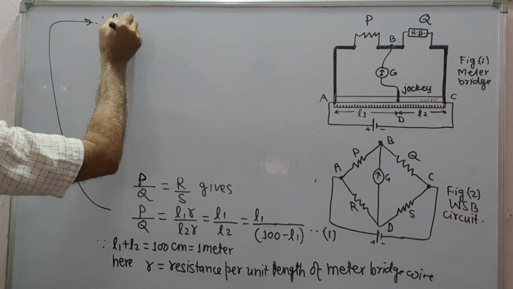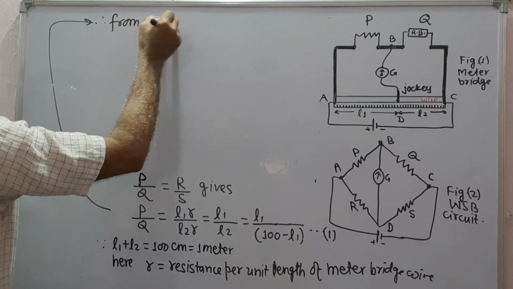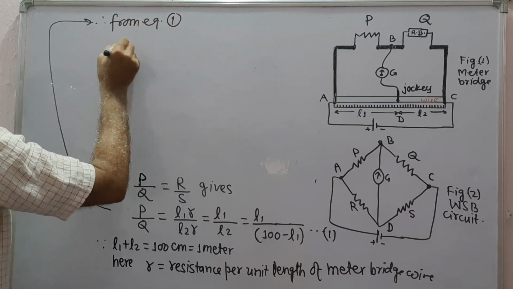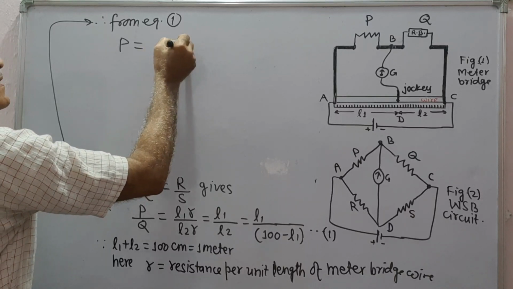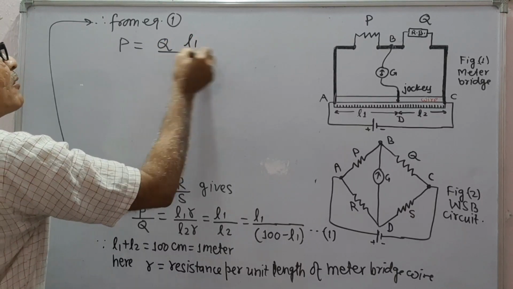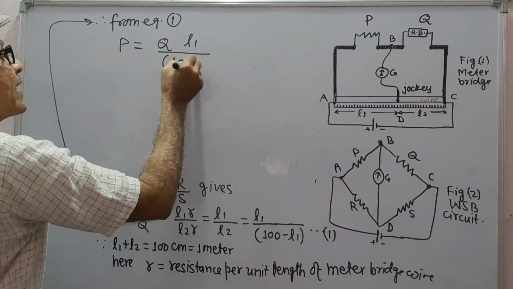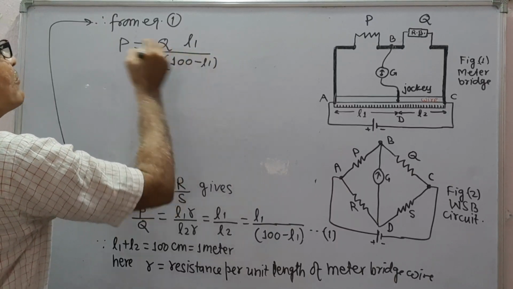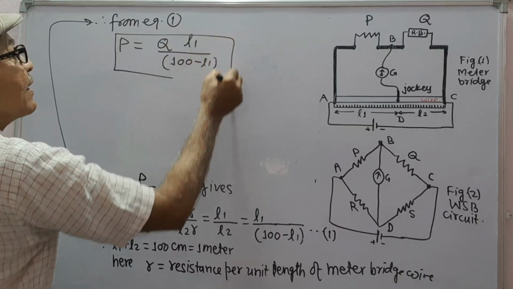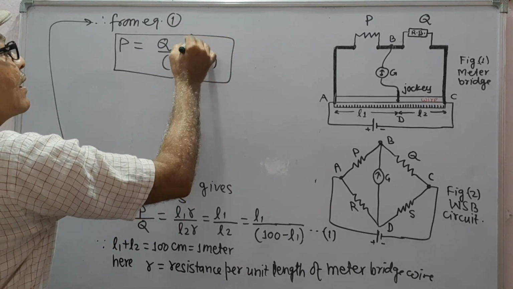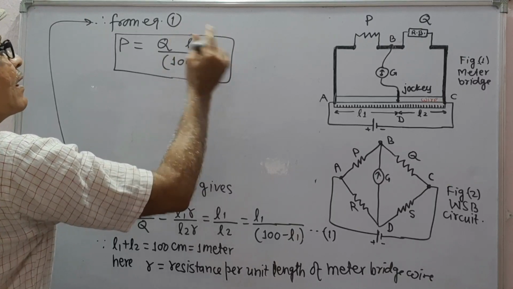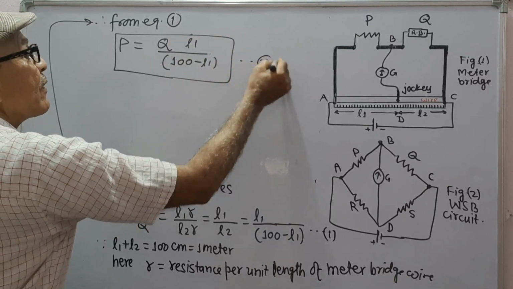Therefore, from equation 1, unknown resistance P will be equal to Q times L1 upon 100 minus L1, equation 2.